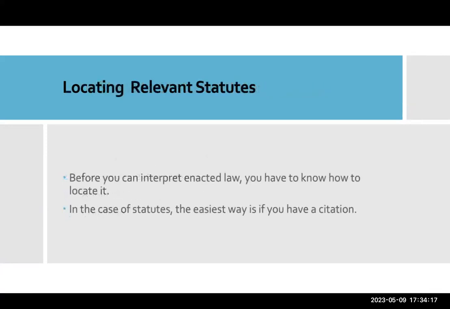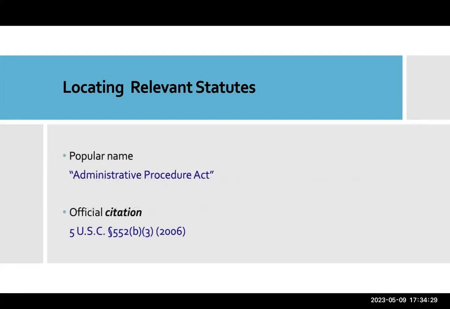So how do we find relevant statutes? The easiest way to find statutes is to have a citation to those statutes. There's a good discussion of citations in the textbook, and this just summarizes some of the important matters.